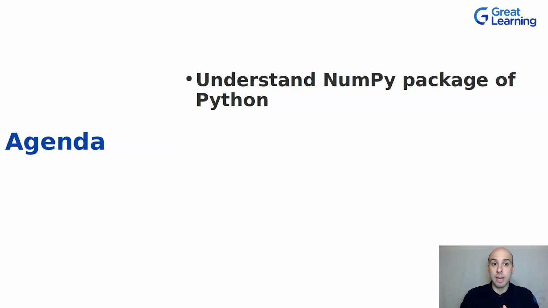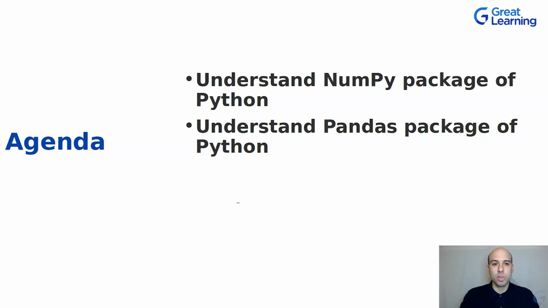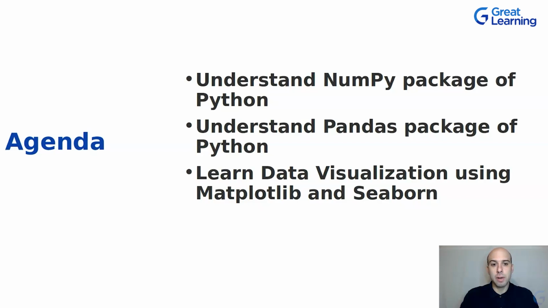We're going to look at NumPy, which is a package used for numerical and algebra calculation. We're going to look at Pandas, which is a package used for manipulation of data frames and tables. And then we're going to learn how to use Matplotlib and Seaborn. These are two of the most popular Python packages for visualization purposes.